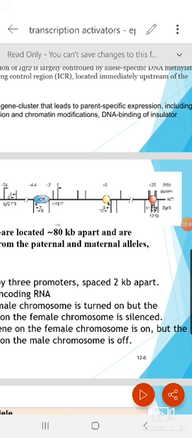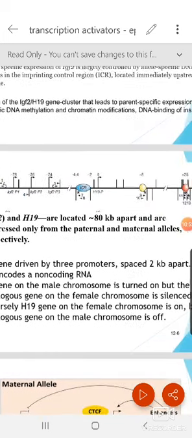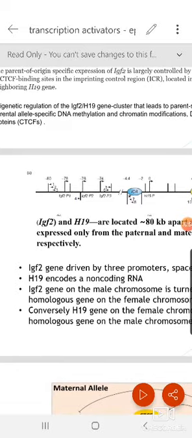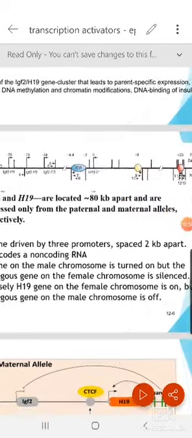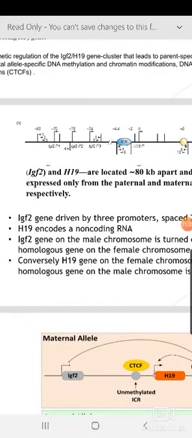Remember, as I mentioned, IGF2 and H19 are located approximately 80 kb apart and are expressed only from the paternal and maternal allele respectively. That means the father allele of IGF2 is working, the mother one is not working. Reversely, for H19, the mother's one is working, but the father one is not working.